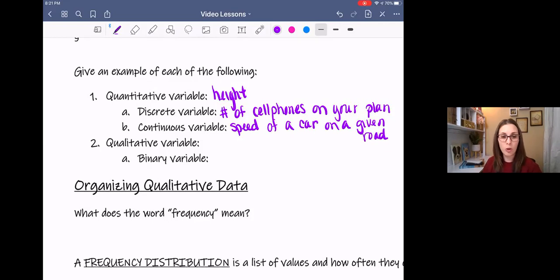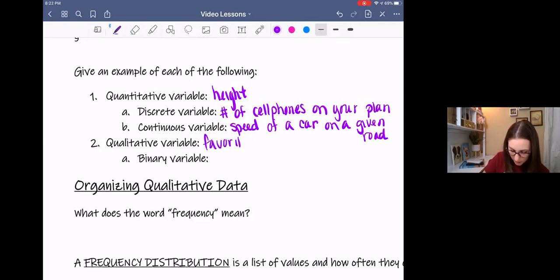And then an example of a qualitative variable: anything that is not a number. I already mentioned hair color, and I could do favorite color. Ooh, you know what I could do?